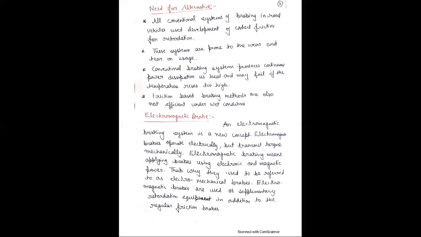Therefore, conventional braking systems cannot be used to stop vehicles like cars and bikes in wet conditions. These are the disadvantages of the conventional braking system used in cars, bikes, etc.